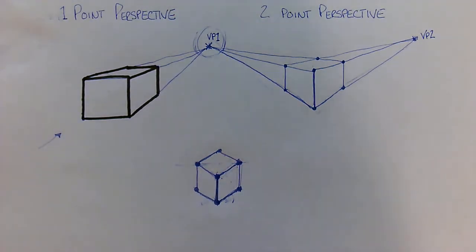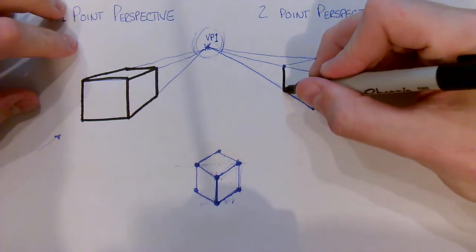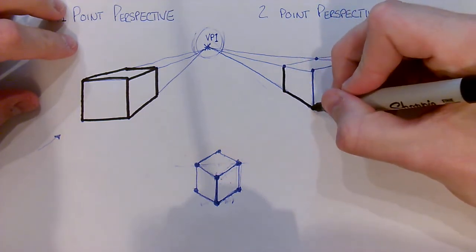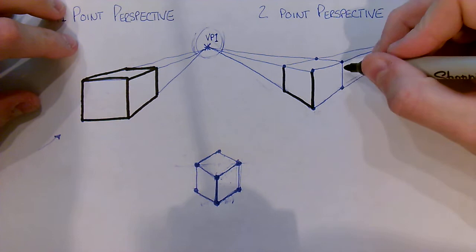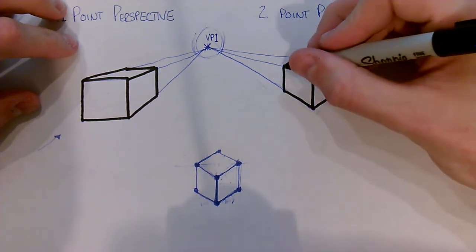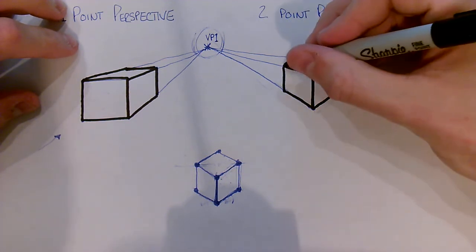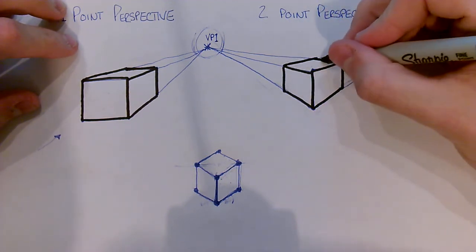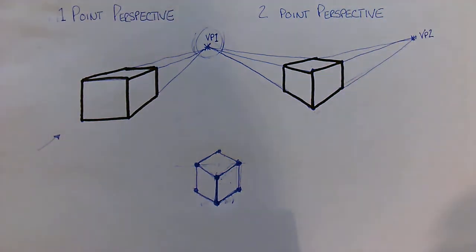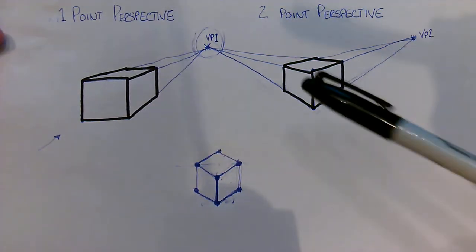So I can take my Sharpie now, and you can all lean heavier with your pencils and go round the outline. There we are. So what we've got now is a nice 1-point perspective cube and a 2-point perspective cube.